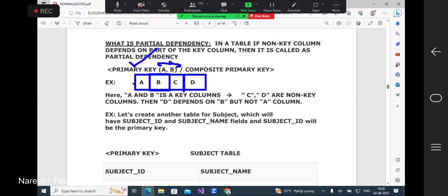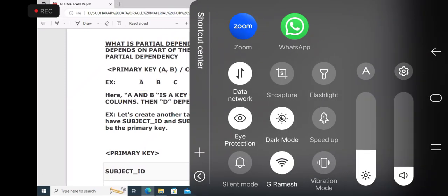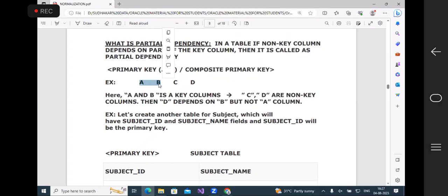And we already discussed in constraints, when we apply a primary key on a combination of multiple columns, that type of constraint is called a composite constraint. So your 2 columns, that is called composite, otherwise we call it a table level constraint. So now here, A comma B are both primary key columns. C comma D are both non-primary key columns.